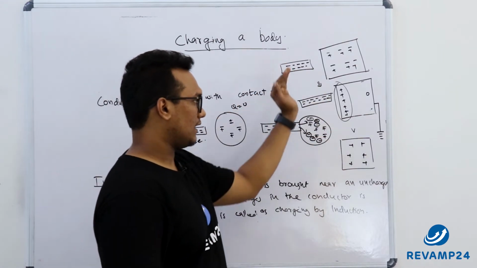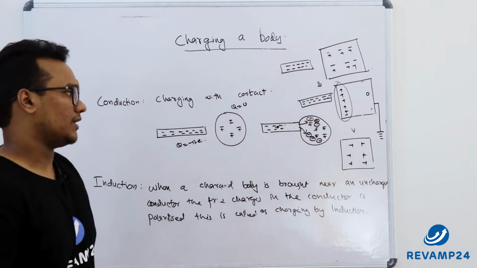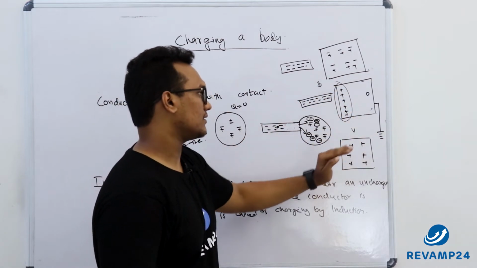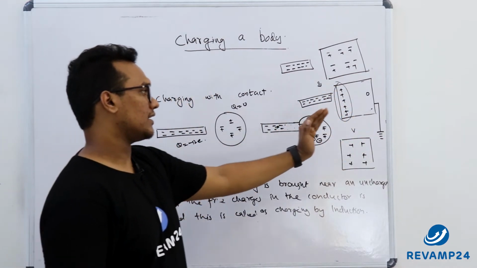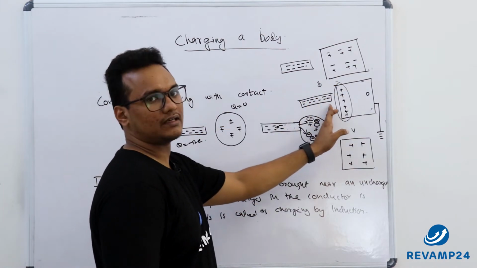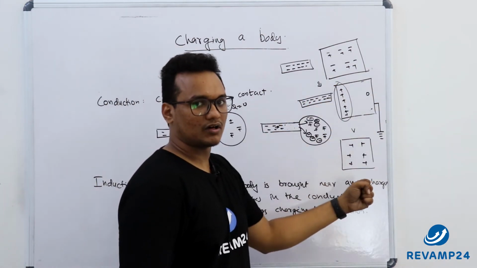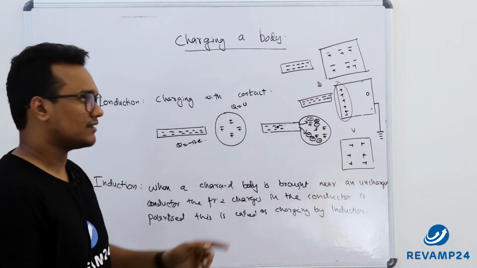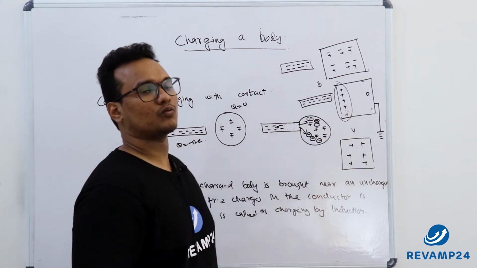Now this is an outcome of induction. Okay, so there are polarization and processes like this while charging a body. Here, when we are just keeping it near, the whole material is not charged but one side is charged, and the reason is induction. This has induced a charge at one end.